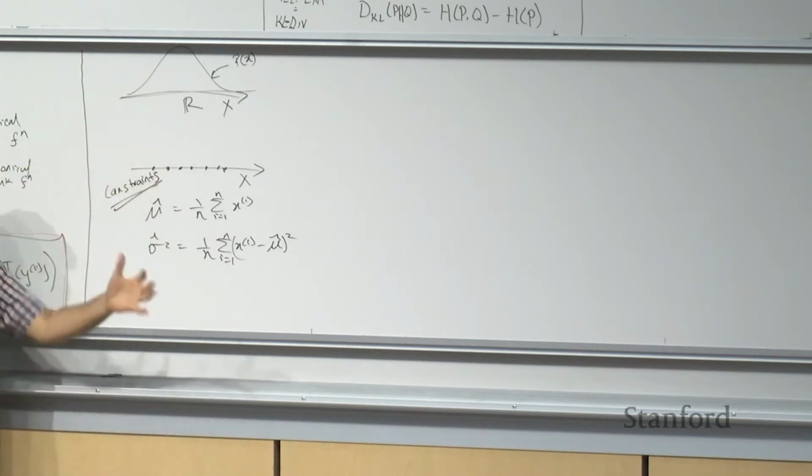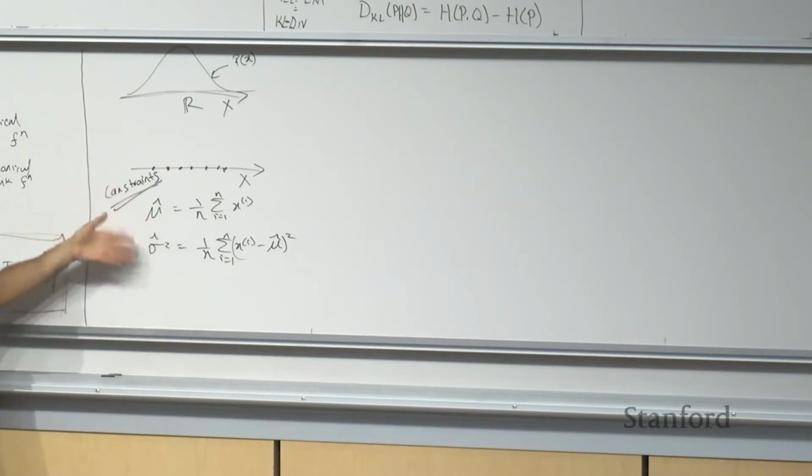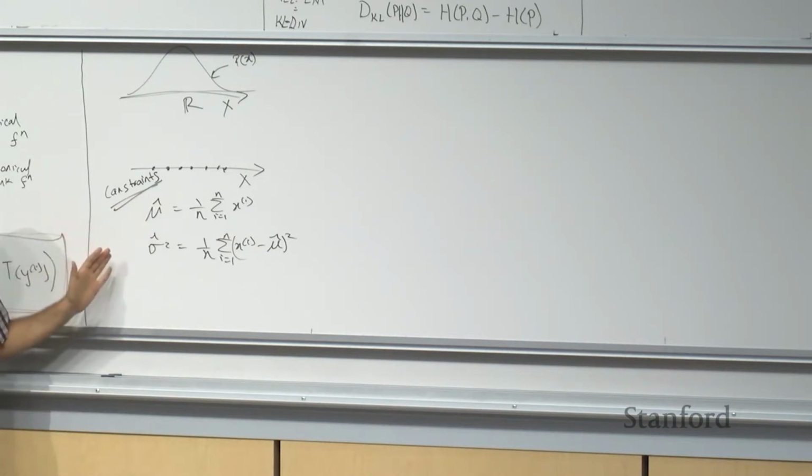There will almost certainly be more than one, because there are an infinite number of probability distributions that satisfy, in this example, a particular mean and standard deviation. Among the set of all feasible distributions, choose the one that has the highest entropy. That's what the maximum entropy principle tells us.